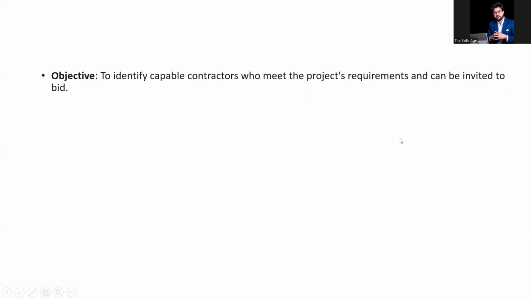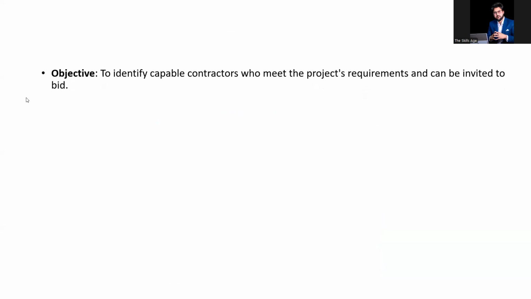In this stage, this is the very initial step. This is the very first one. So first you have to understand the objective: to identify capable contractors or service companies available in the market. Maybe there are 15, or 10 who meet the project's requirements and can be invited to the bid.